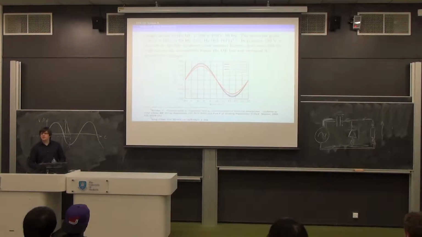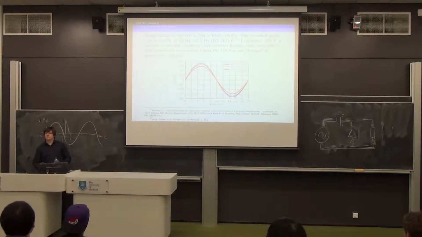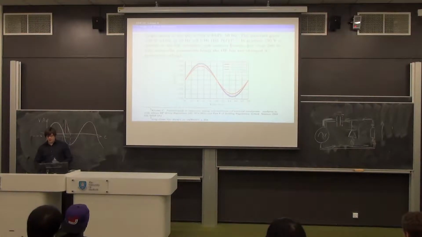If you lower the frequency, your B field goes up and you saturate your transformer, machine, whatever it is. And that's tricky because when you saturate your magnetic material, large currents tend to flow. And obviously they have to supply those large currents.